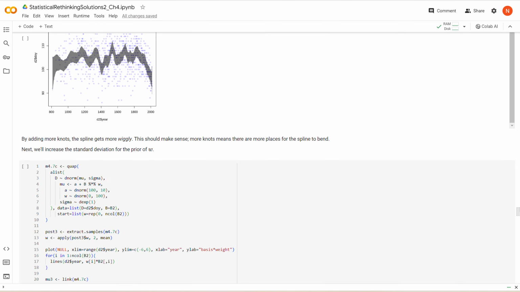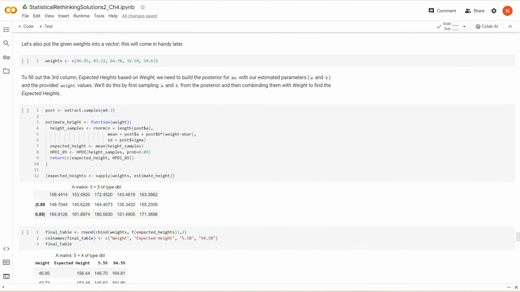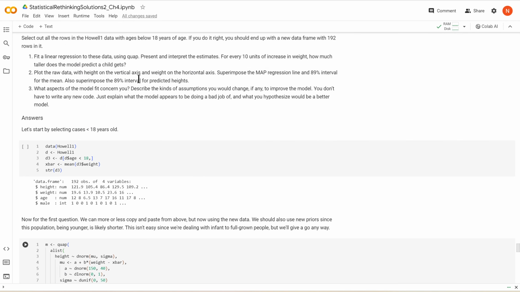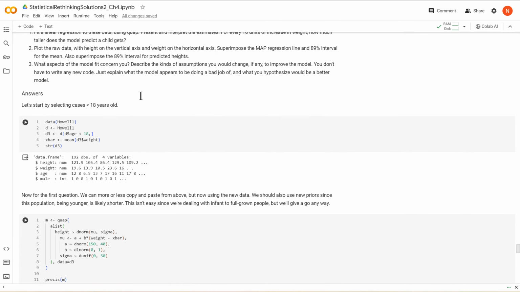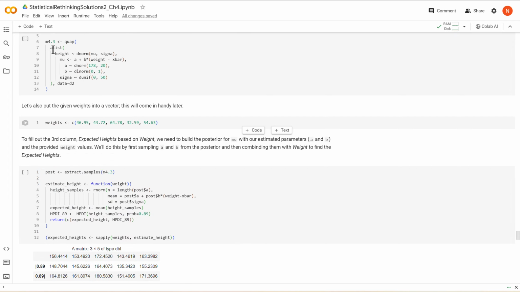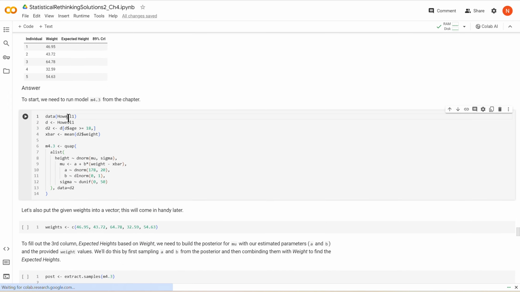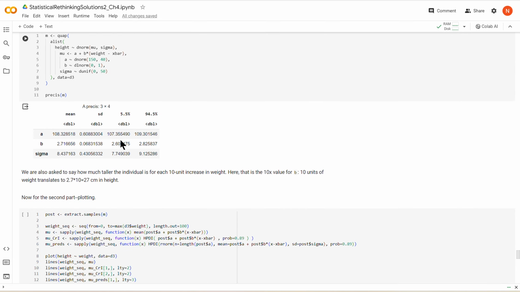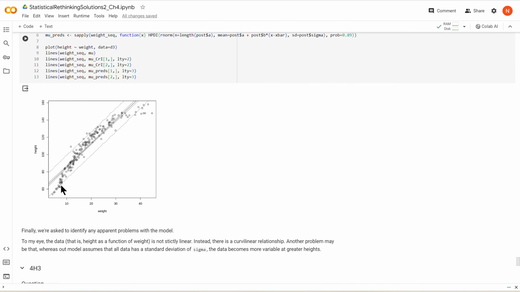In the previous question, where were we here? 4H2. In 4H2, we built a model, and in the previous ones, we built a few models now with the Howell1 data set. And when we've done this, one thing that we've noticed in the data is that even though we're fitting this linear model, the data does not seem to be linear.